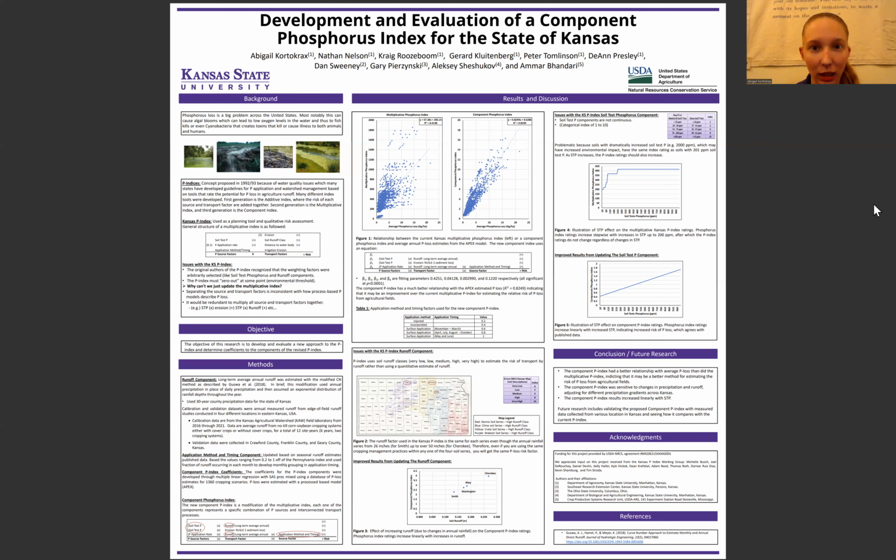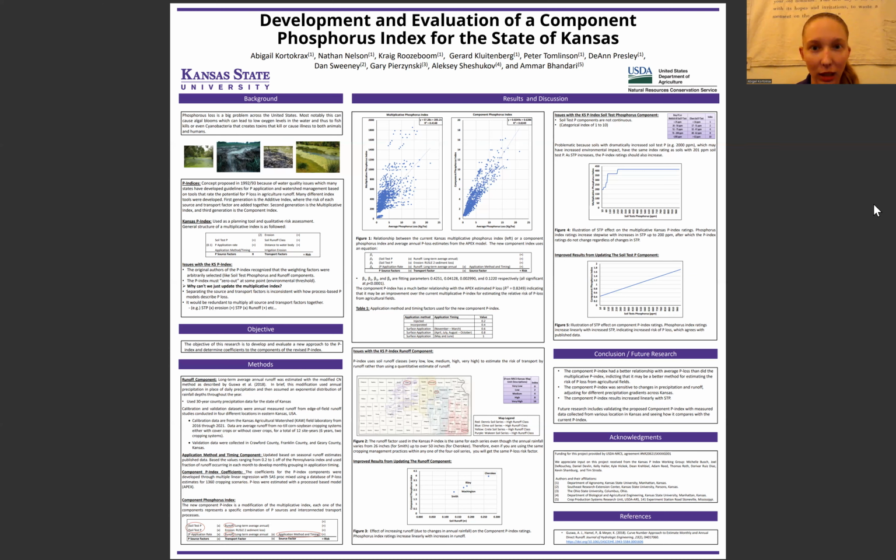Next, issues with our soil test phosphorus component. It is not continuous, and it uses a categorical index of 1 to 10. It's a problem because a soil test P of 2,000 parts per million would have the same index rating as something like 201 parts per million.